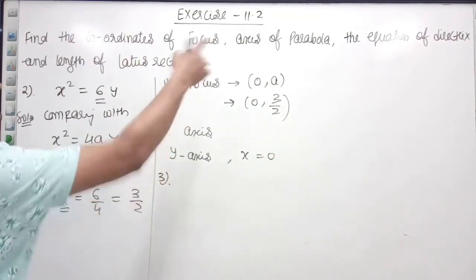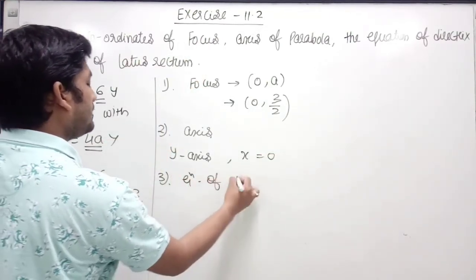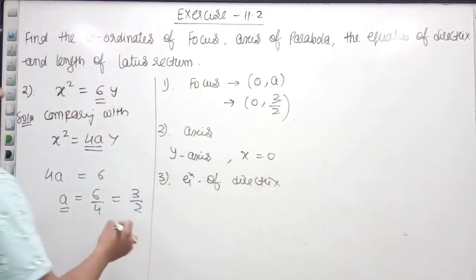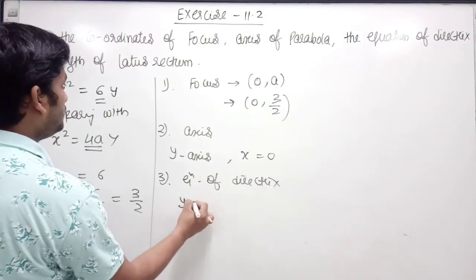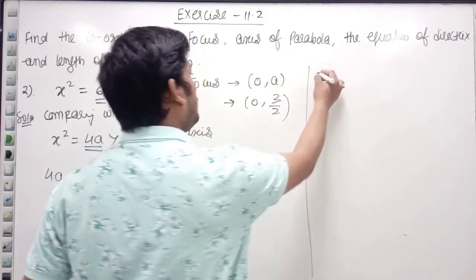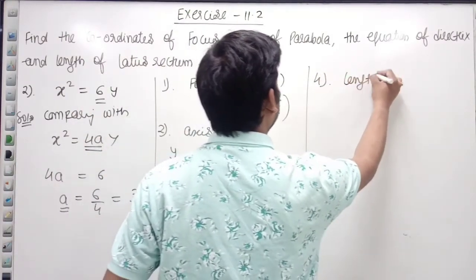Third, equation of directrix. Equation of directrix is y equal to minus a, and fourth is length of latus rectum.